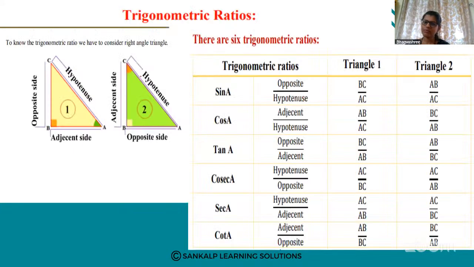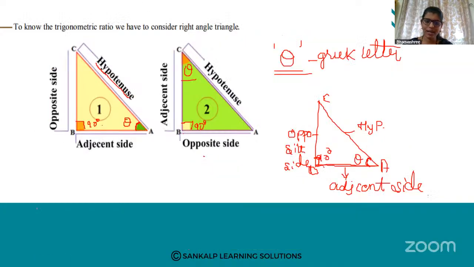Next one, very, very important: trigonometric ratios. Our full topic is based on this. Trigonometric ratios. What do ratios mean? Yes, dear children, what do ratios mean? When do we see ratios? Have you remembered, we studied ratios in 8th standard and 9th standard.